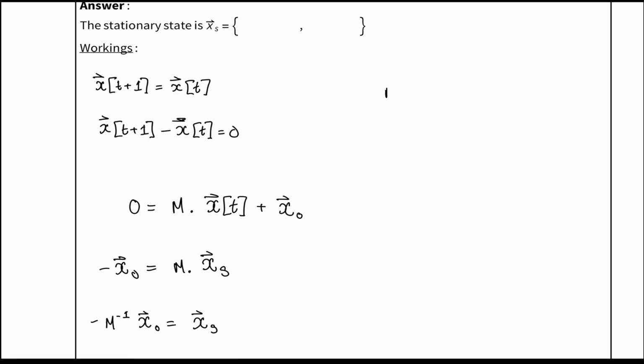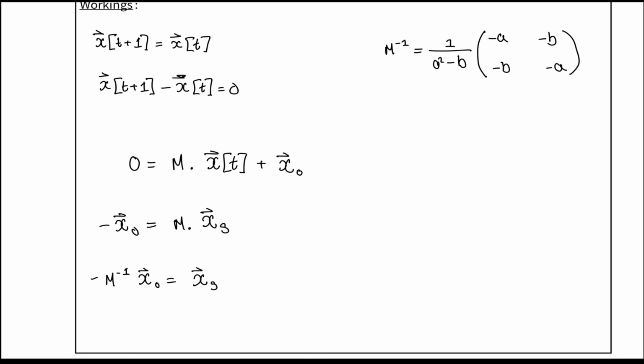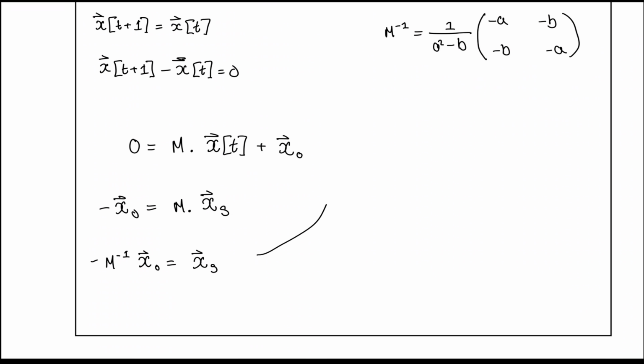Now, the inverse of M is going to be 1 over the determinant, which is a squared minus b squared, multiplied by the matrix minus a, minus b, minus b, minus a. Hopefully we know how to work out the inverse of a 2 by 2 matrix. And so what that gives us is the steady state is equal to 1 over a squared minus b squared.